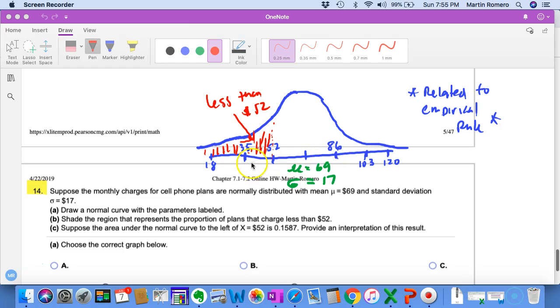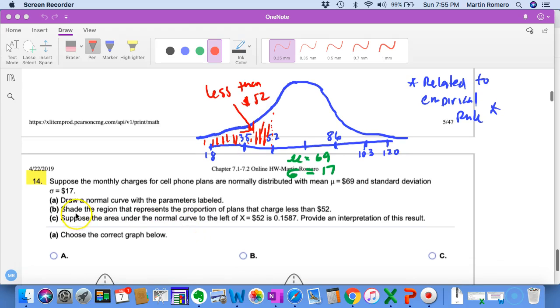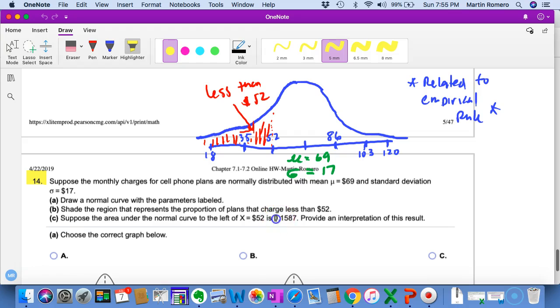But many times we want a more exact answer, and so this is where some of these ideas come into play. Here's the shaded region, and suppose the area underneath this curve is 0.1587. What would that mean? It goes back to our note sheet.